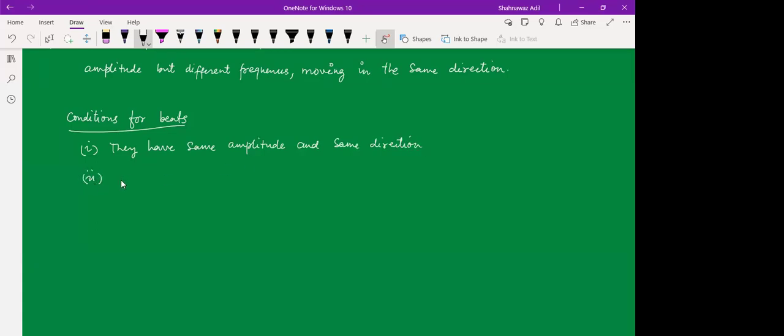Second, the frequency difference between the sound waves should be less than 10 hertz. So the difference between the frequencies should not be that large.